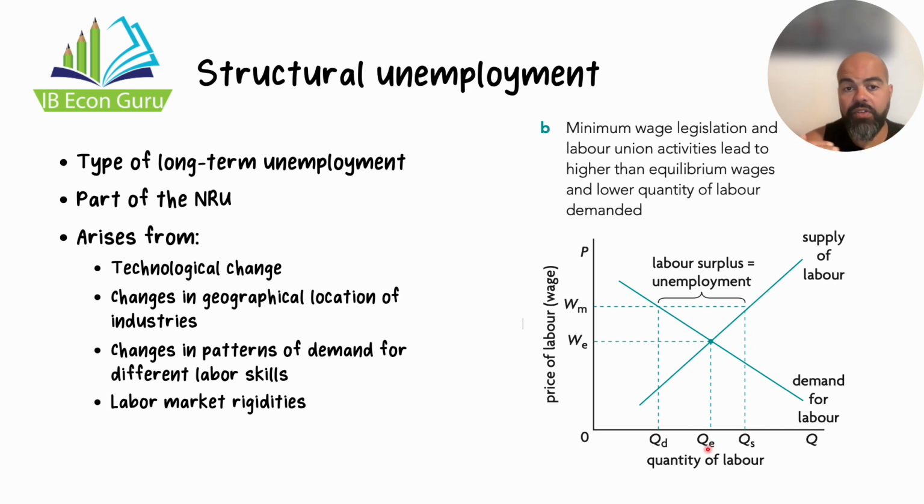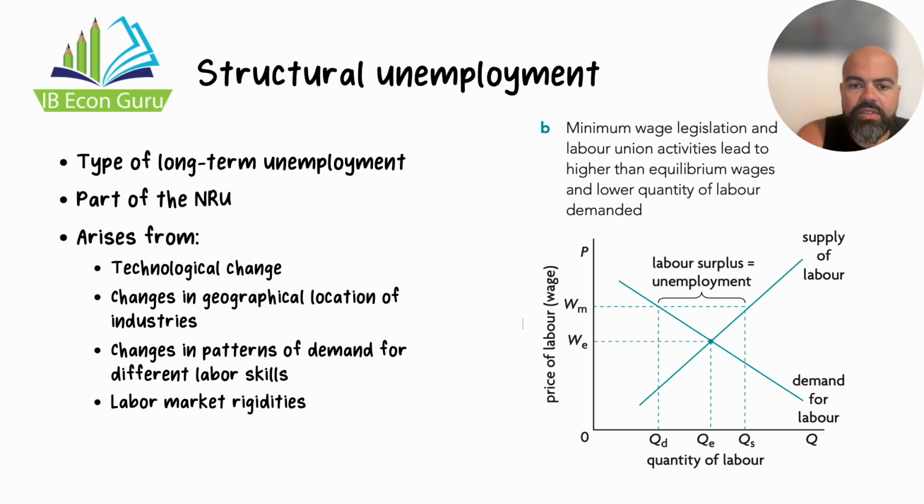Okay, however, since the government and society deem that WE is too low, the government sets a price floor, a minimum wage equal to WM. Okay, that minimum wage creates a situation where the quantity demanded for labor, so the number of workers that businesses are willing to employ, is QD, that's the quantity demanded, but the quantity of workers that are offering their labor, which is the quantity supplied, is at QS.